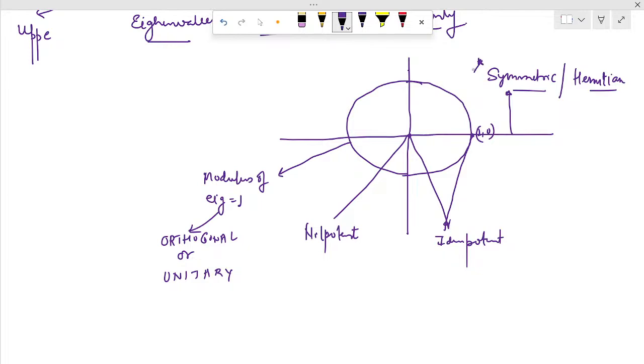And if the matrix is skew Hermitian or skew symmetric, then the eigenvalues will be purely imaginary. So with these things in mind, now let us start with the questions.